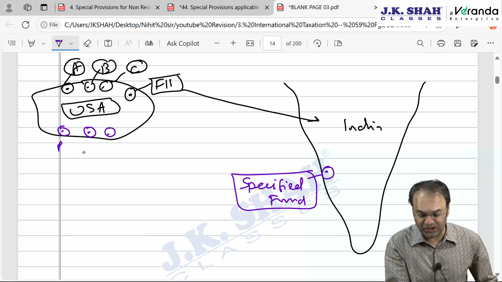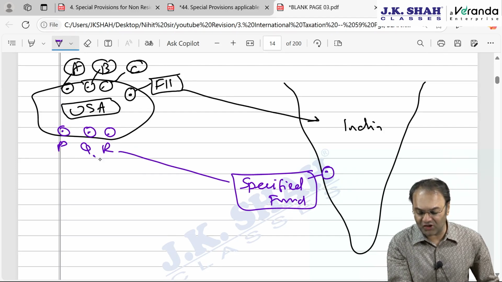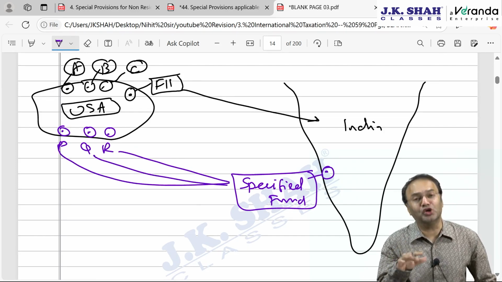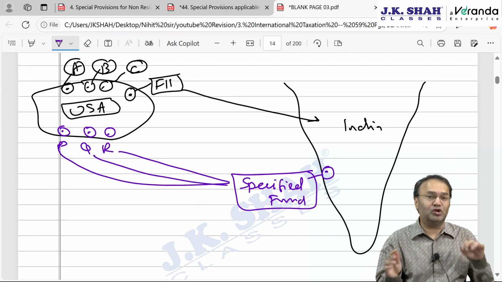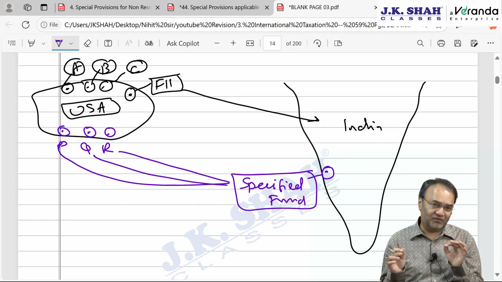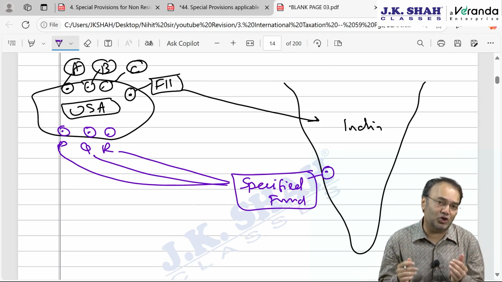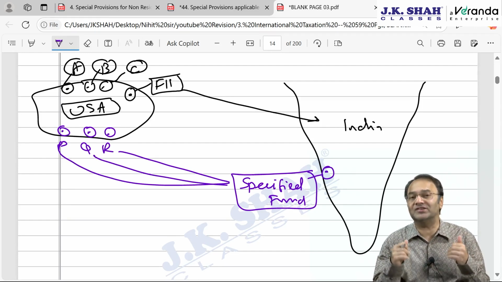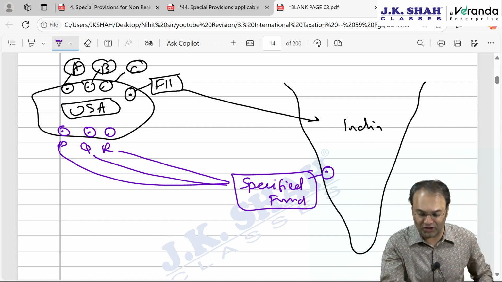Let's say Mr. P, Mr. Q, Mr. R. P, Q and R, they are investors of specified fund or unit holders of specified fund. So the only difference between FII and specified fund is that specified fund is incorporated in India and FIIs are incorporated outside India. That is the only difference.